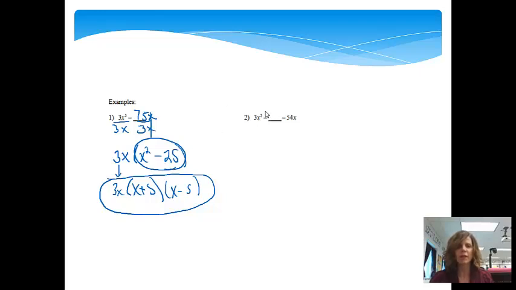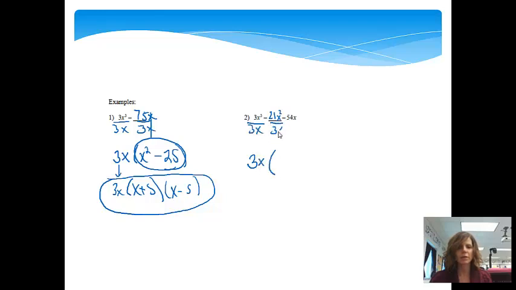All right, let's try the next one. Let's put 3x cubed minus 21x squared minus 54x. All right, the directions again would be saying factor completely, so you'd know that we want to factor using the GCF and then keep going. If I looked at what number goes into all three of those numbers, it would be 3. And if I have to pick between x cubed, x squared, and x, I'm going to pick x because that's the smallest power.